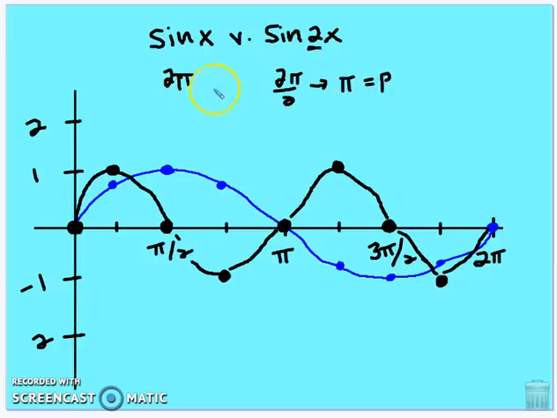Right? So my period has been compressed by a factor of 2, and the b value will tell you whether or not it's been compressed or expanded. If the value is greater than 1, we're compressing. If it's less than 1, then we're expanding the function.